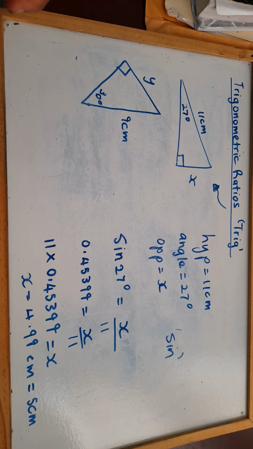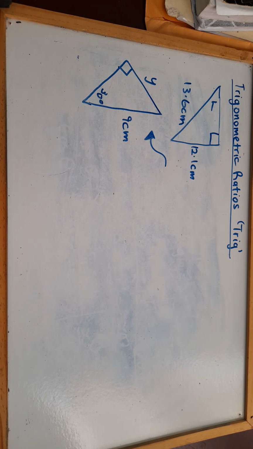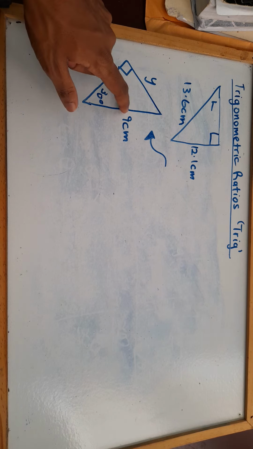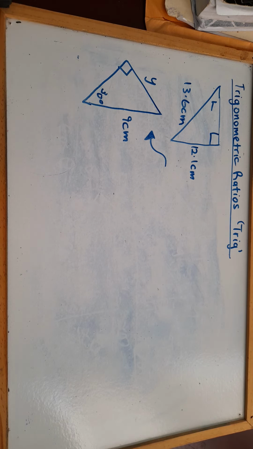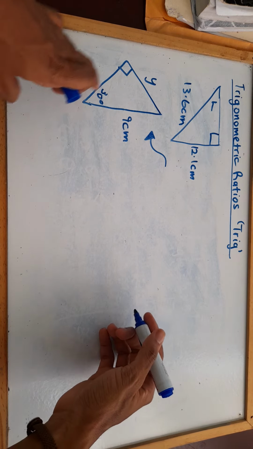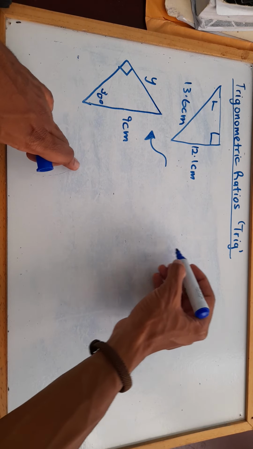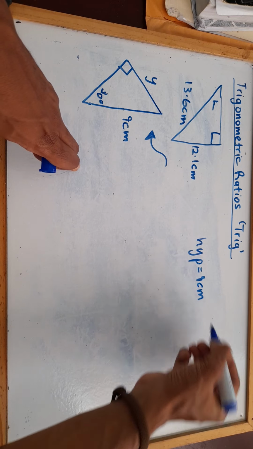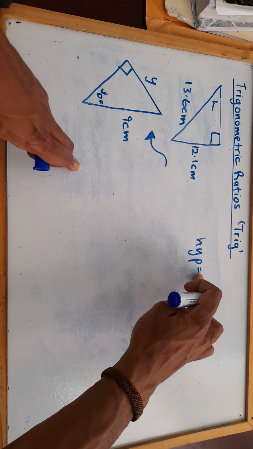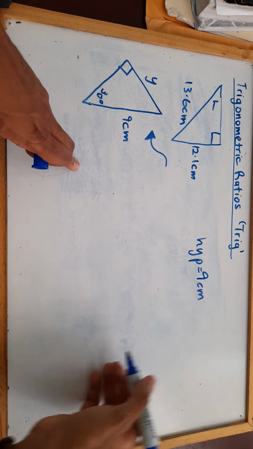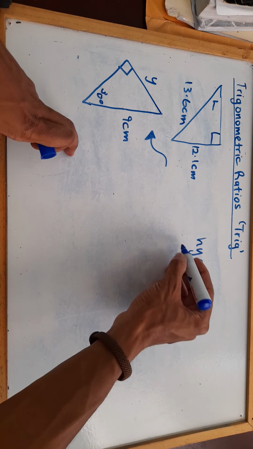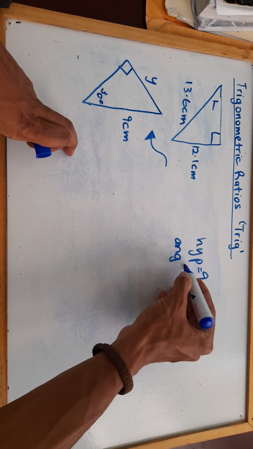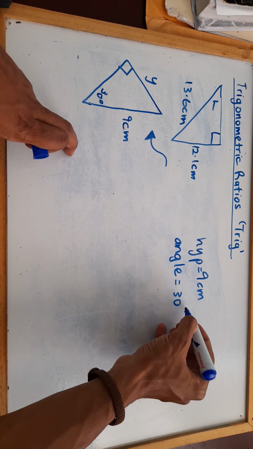Now let's work the other one. We'll now work the second problem where the arrow is pointing. Similar process, same process. Maths is easy, right? Our hypotenuse is 9 cm. The angle given is equal to 30 degrees.